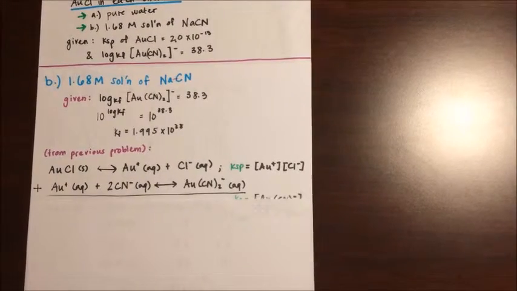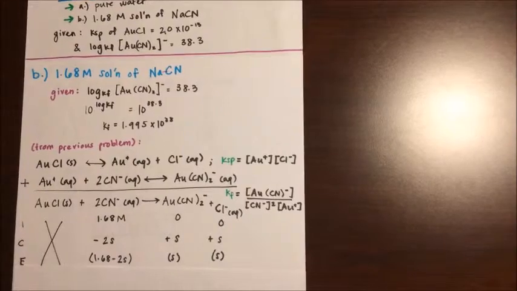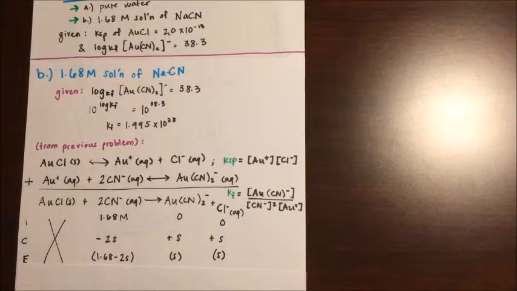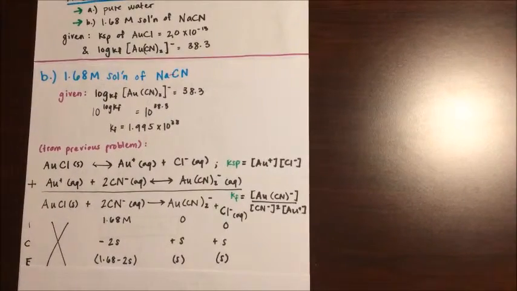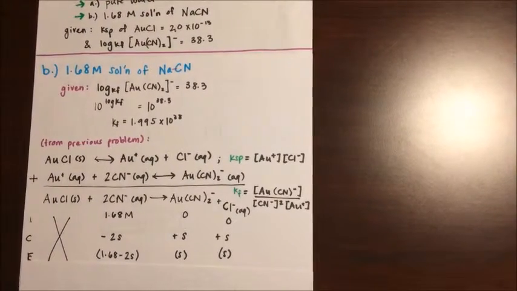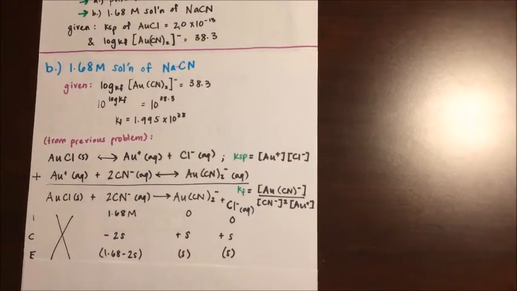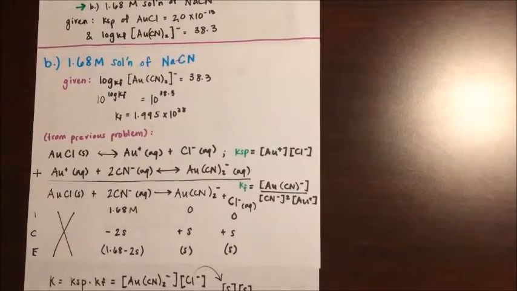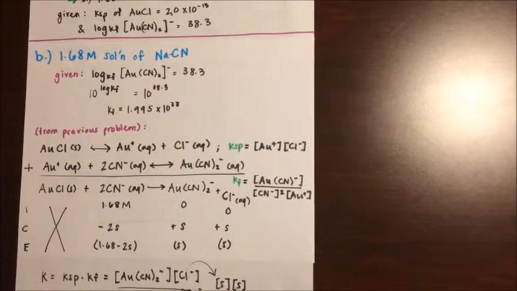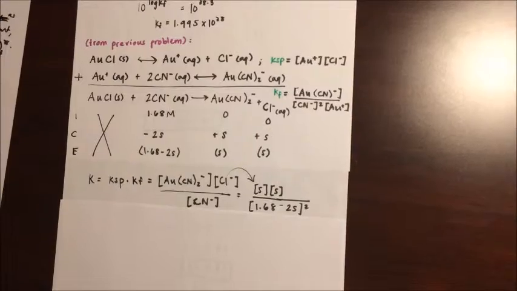Beneath this reaction, you set up your ICE table, and we're given an initial concentration of 1.68 for CN- from NaCN, and your sodium is actually a spectator ion, so it doesn't directly take part in the reaction. By definition, this is how you would set up your K, which is Ksp times Kf.